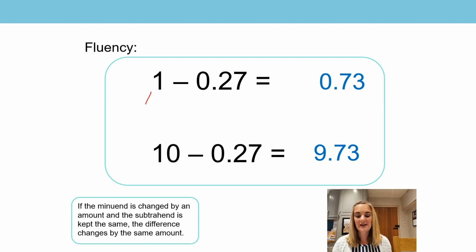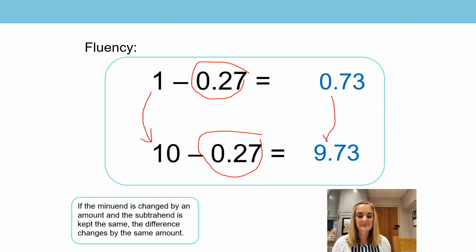You're right, our minuend has increased by 9 and our subtrahends have stayed the same. Here we are, they're both the same. And therefore our difference must also increase by 9.